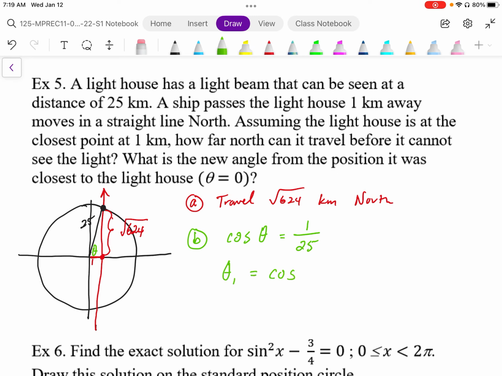I need to inverse cos or arc cos this to work out the angular value, the angular position. So the angle works out to be, I'm going to do second cos, 1 divided by 25, so I end up with an angle of 1.54. So it's very close to 90 degrees, which is 1.57. So I get 1.54 radians is the angular position that locates that point.